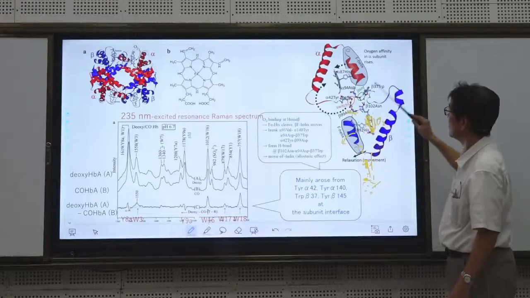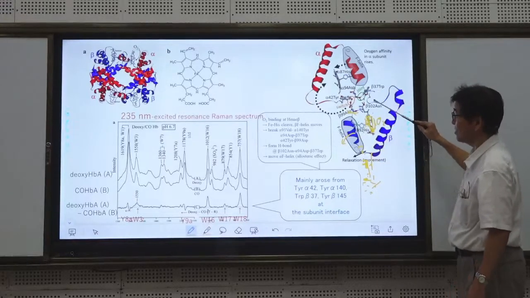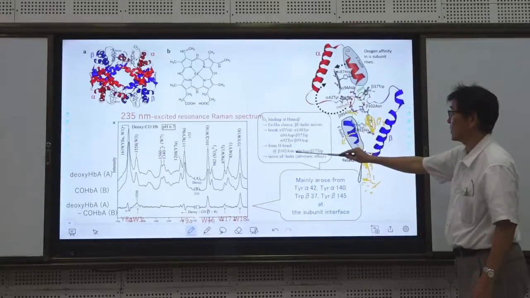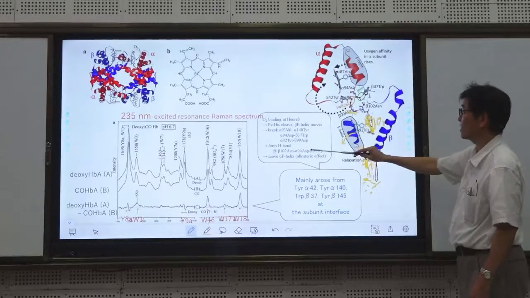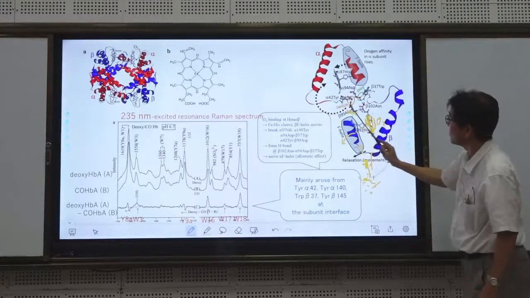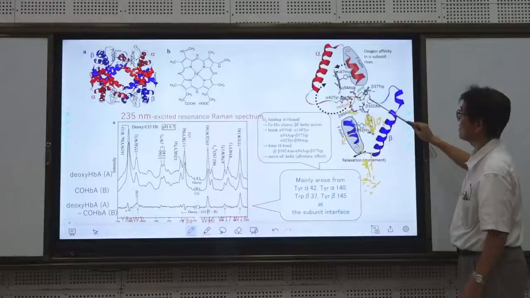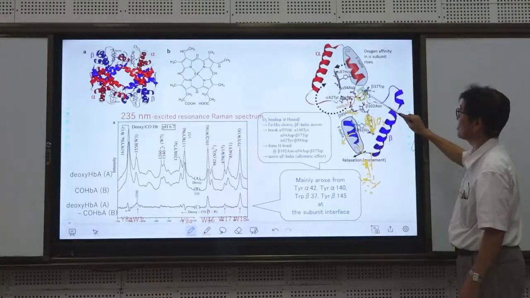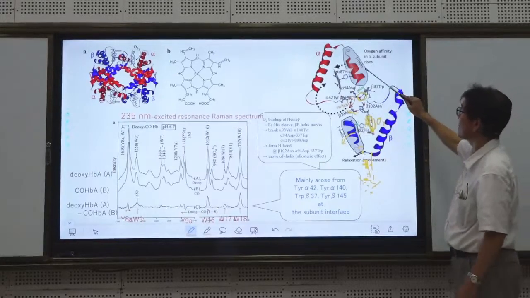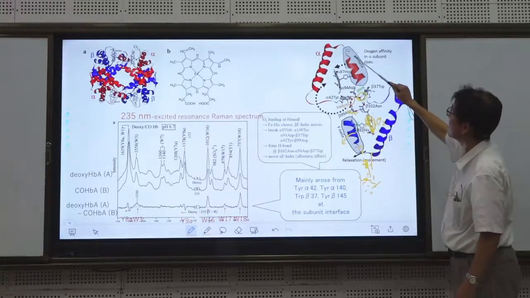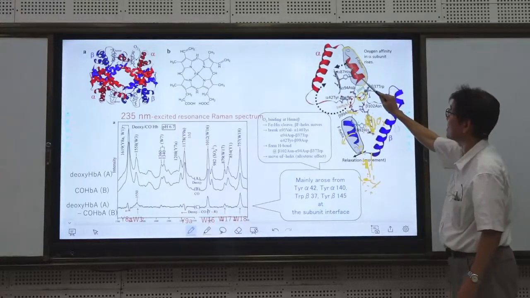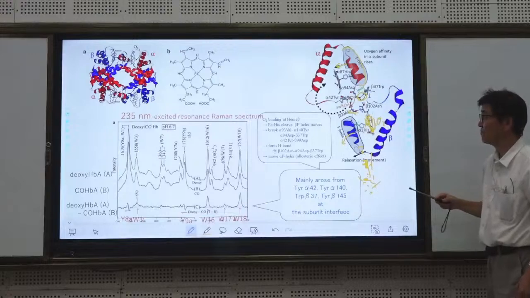Then a hydrogen bond newly forms between 102 asparagine and 94 asparagine, tryptophan 37. So this hydrogen bonding is cut, then this hydrogen bonding is newly formed. Then this drives the helix of the alpha subunit in this direction.